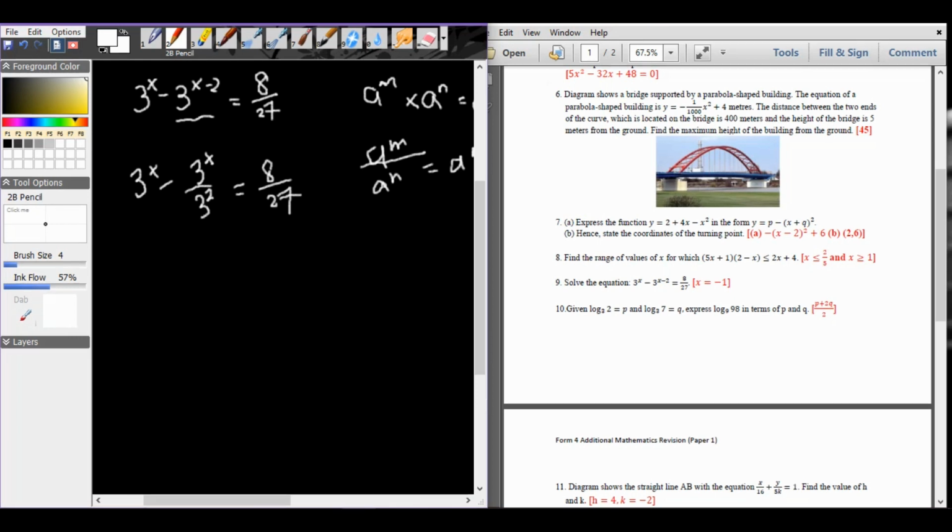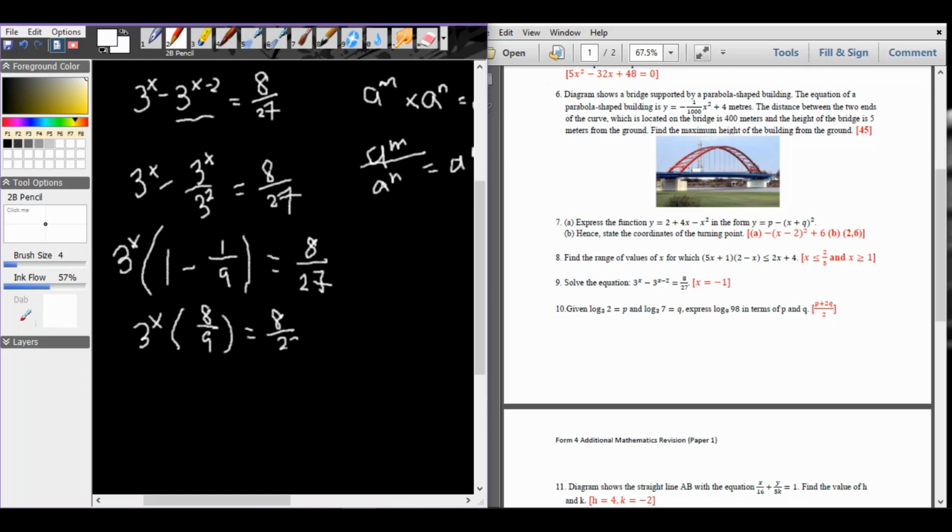Okay, 3^x, we can factorize out 3^x. So factorize out 3^x, left with 1 minus 1 over 3 squared, which is 9, equals 8 over 27. So 3^x times 1 minus 1 over 9, which is 8 over 9, equals 8 over 27.